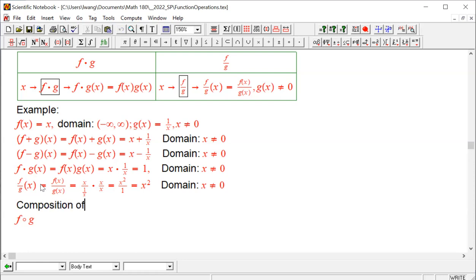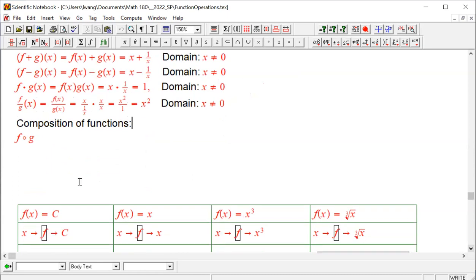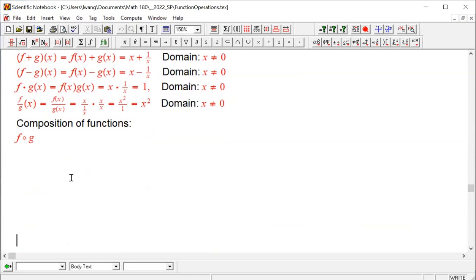Composition of functions. What kind of operation is this? What does it mean? f is a function, g is a function.